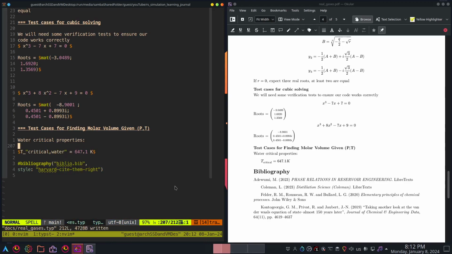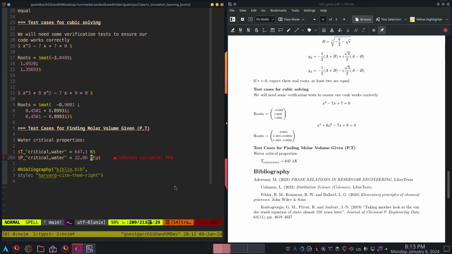What's the pressure? P critical is 22.06 megapascals. I'm just going to do it like so.